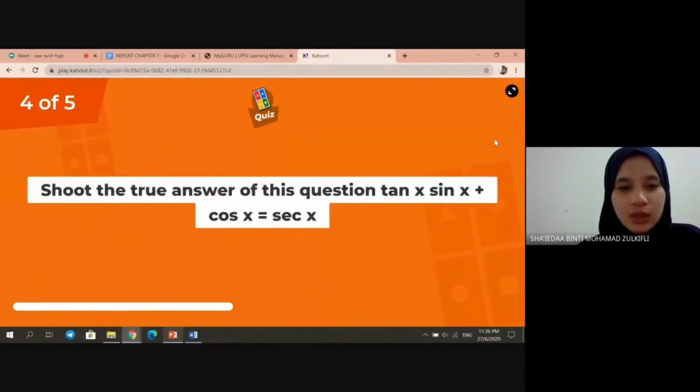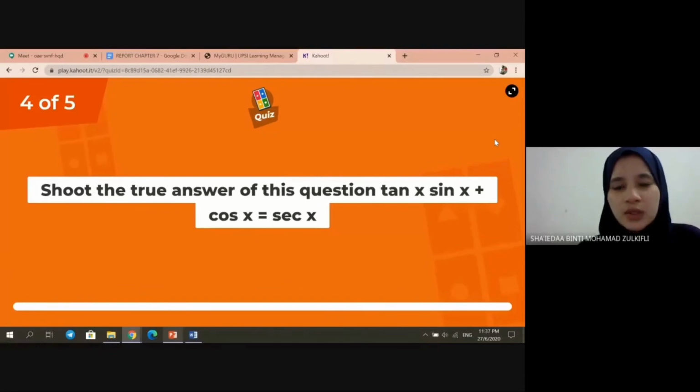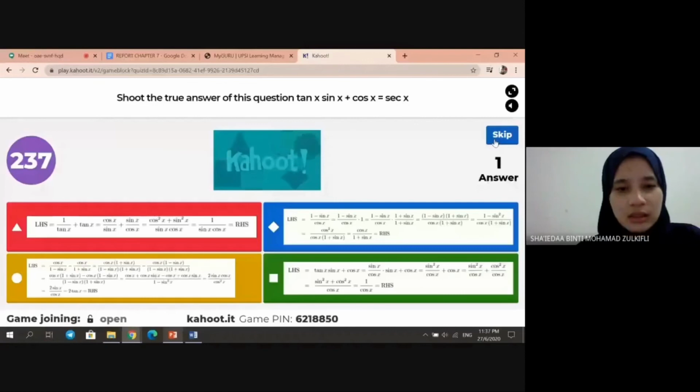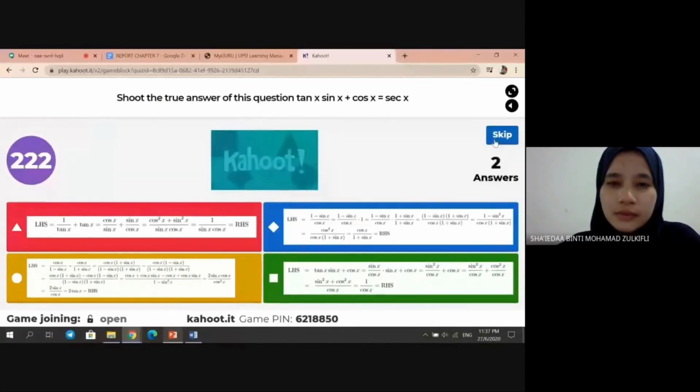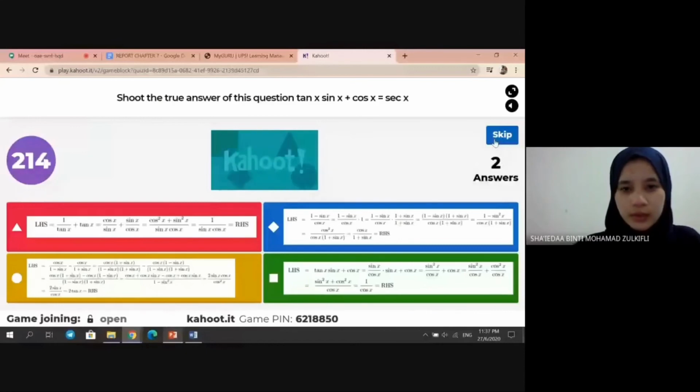Second last question. What should be the true answer for this question: tan, sin cos, sin cos plus cos x equal to z? I give you a lot of time to calculate. Answer your question in the paper. Two persons for another three answers.